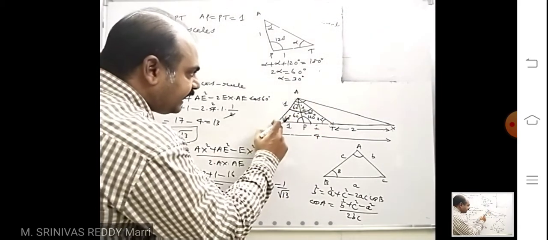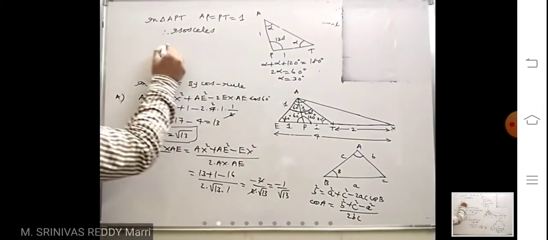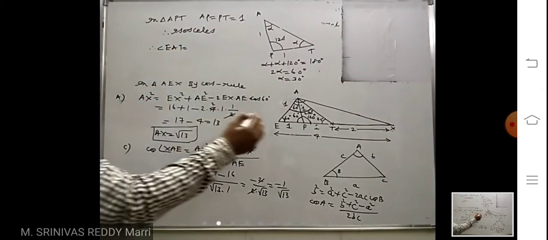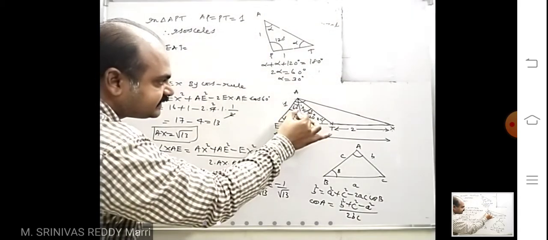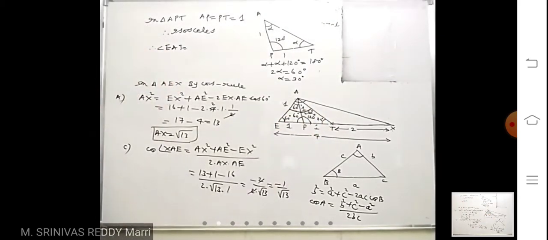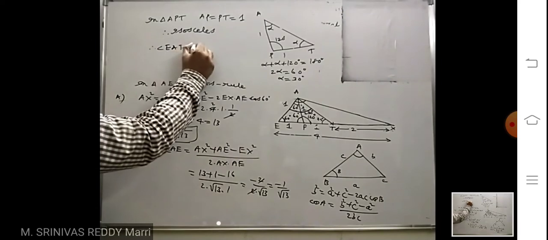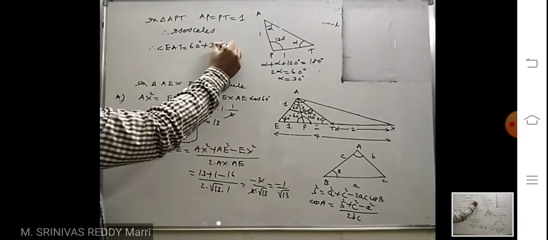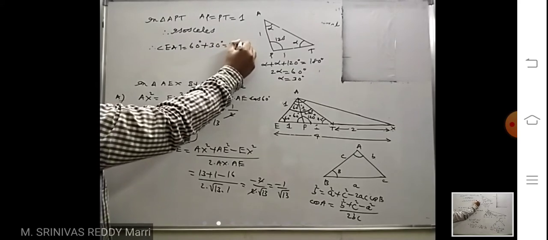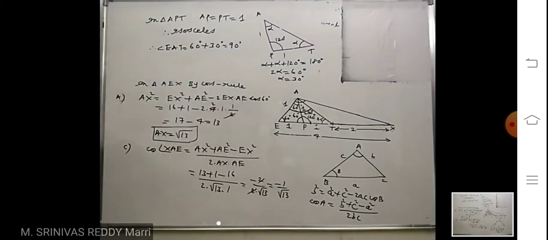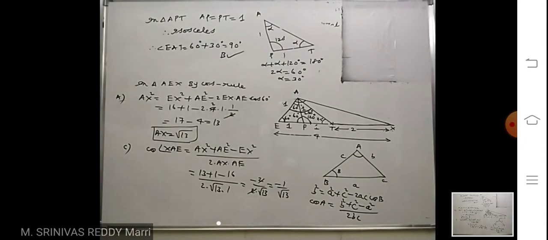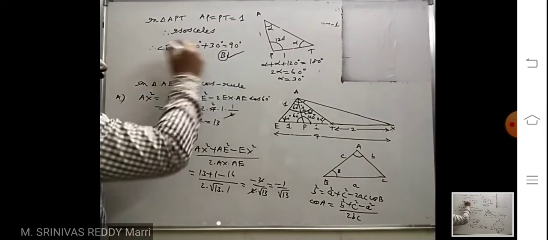Now if you look at angle EAT, angle EAT equals, this left hand side angle is 60 degrees, this right hand side angle is what? 30 degrees, therefore 60 plus 30 is 90 degrees. So 90 degrees means option B is also correct.